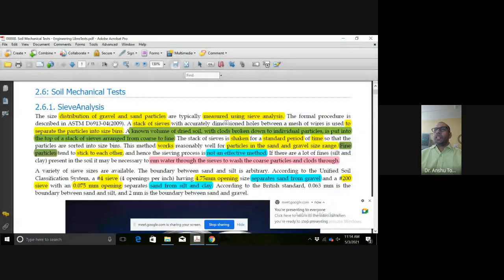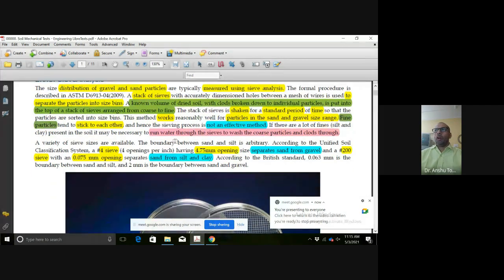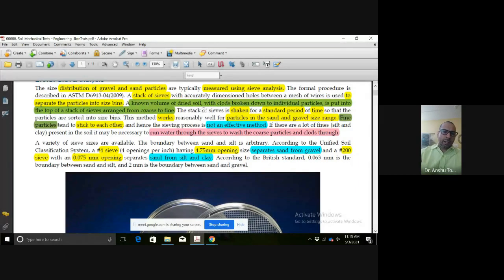A stack of sieves is arranged with the coarse-grained sieve at the top and the finest at the bottom, to separate the particles into size bins. A known volume of dried soil, a particular quantity of soil, is broken into individual particles and put into the top of the stack, at the coarsest sieve, that is 4.75 mm.